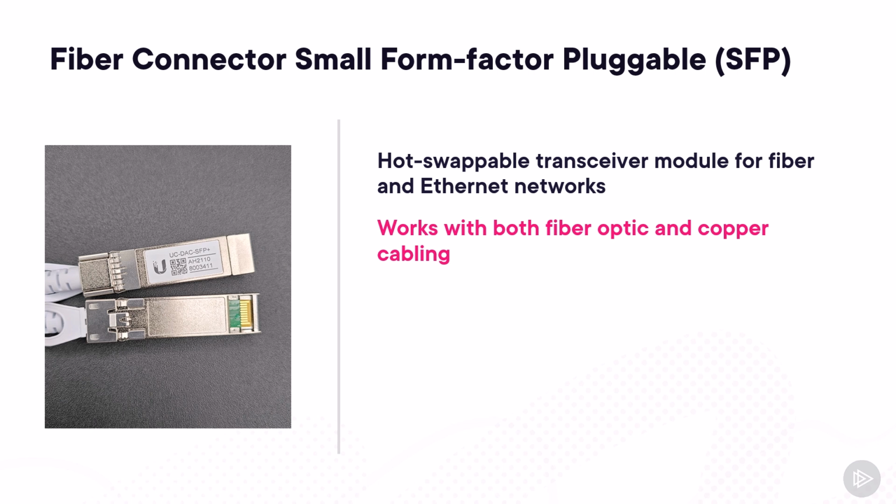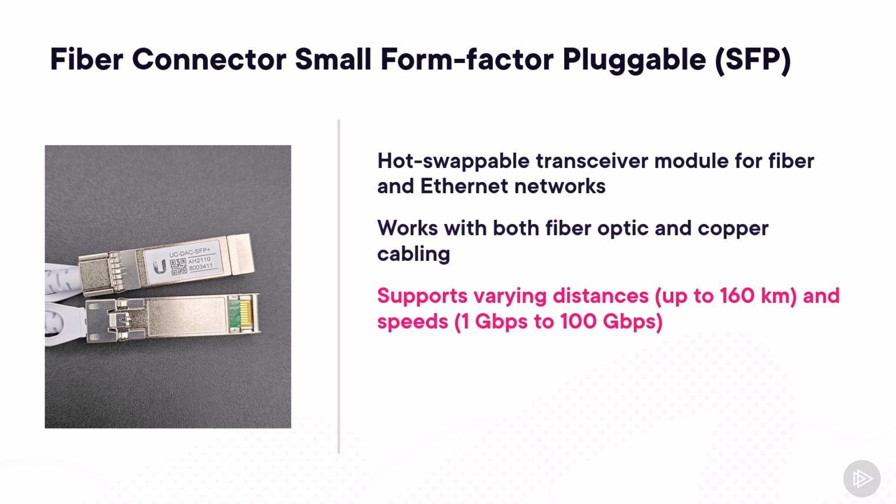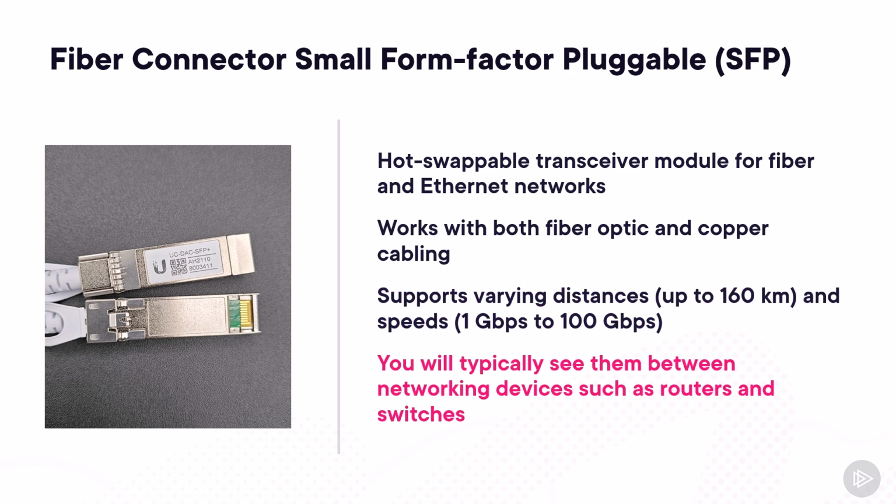Depending on the type of SFP used, you can achieve varying data transfer speeds and distances, from 1 gigabit per second with basic SFP modules up to 100 gigabits per second with newer modules. However, they are way more expensive than Ethernet cables, and you'll often only see them used between networking devices, so between the router and the switch, as an example.